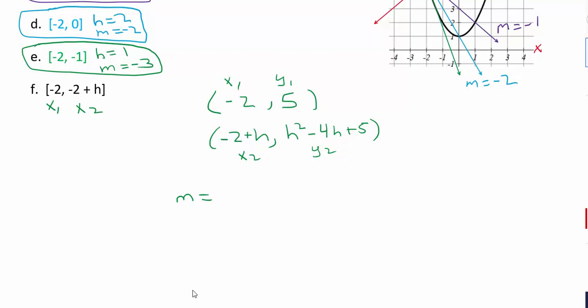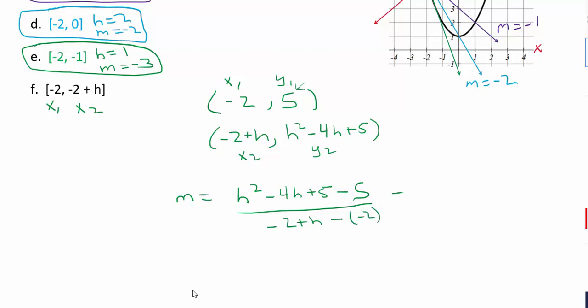So my y sub 2 was h squared minus 4h plus 5. Subtracting y sub 1, that would be subtract 5. So it's important to know all of this is my y sub 2, and I'm subtracting y sub 1 here. Then in the formula for slope, we divide by x sub 2, that's this guy, subtract x sub 1, which happens to be -2. So I'll put that in parentheses.